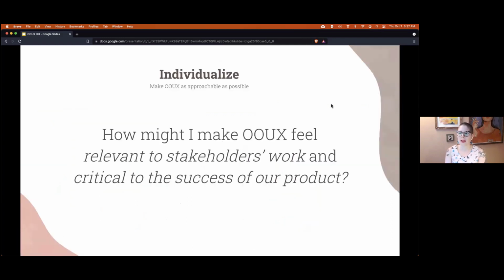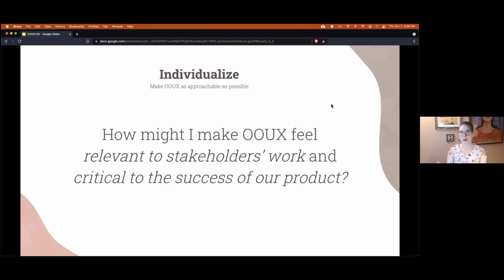And then I wanted to also mention a part of individualizing. We've made it human, and now we want to translate it to what's resonating and relevant to our individual stakeholders. Here, another key question is essentially, how might I make OOUX feel as relevant as possible to the work that engineers are doing or the product managers are doing?